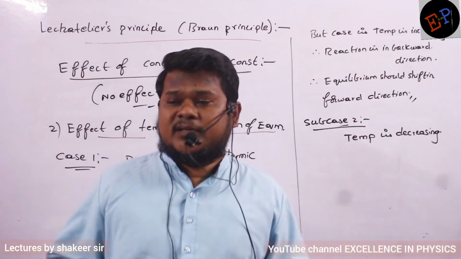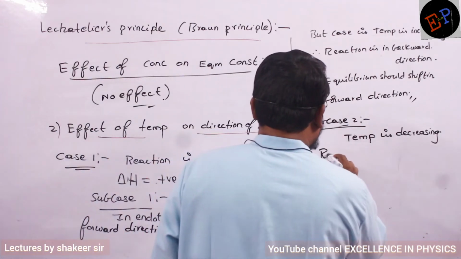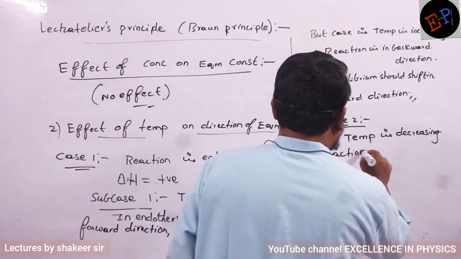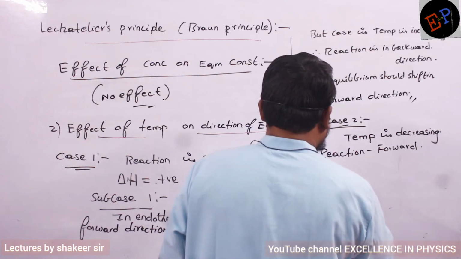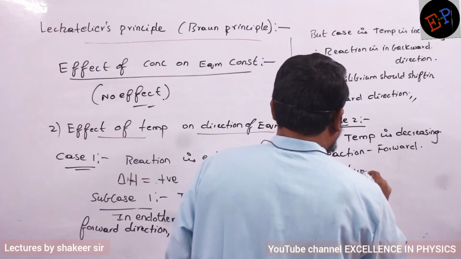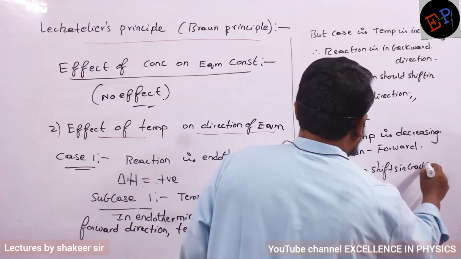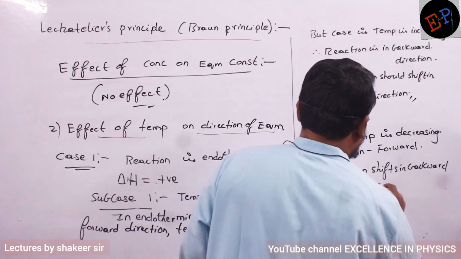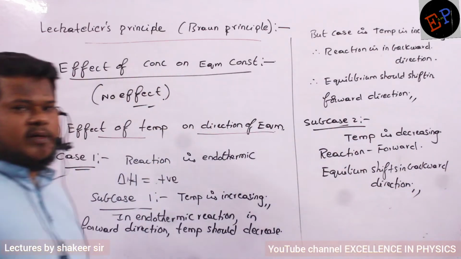It utilizes the heat energy. So, temperature continuously reduces. So, the reaction is in which direction? The reaction is in forward direction. Therefore, equilibrium should shift in which direction? Equilibrium shifts in backward direction. Understood? Okay. So, this is case number 1 which we have taken.